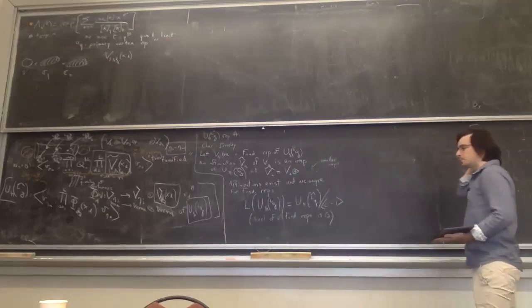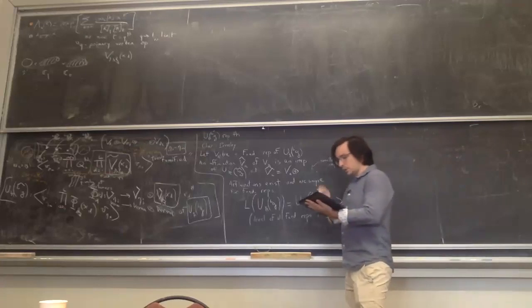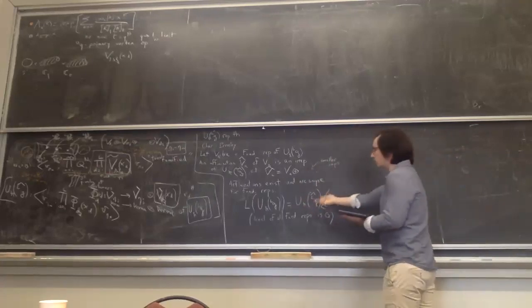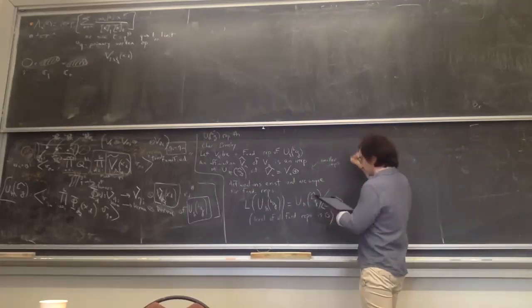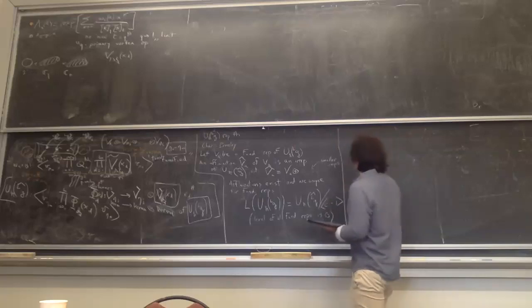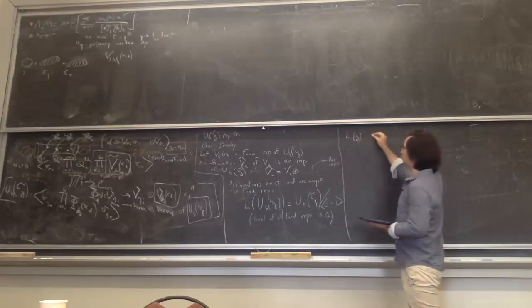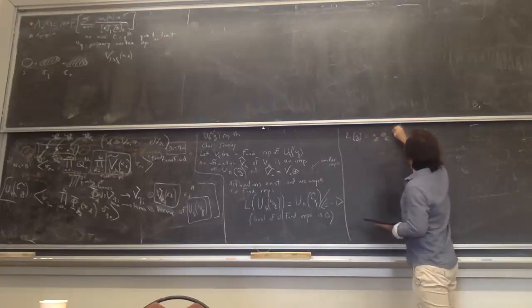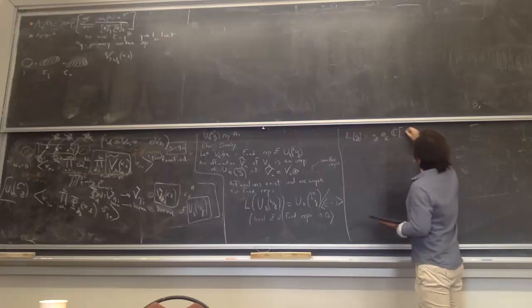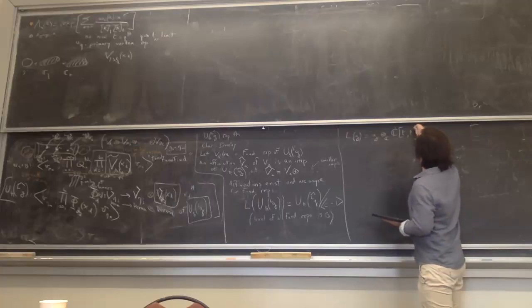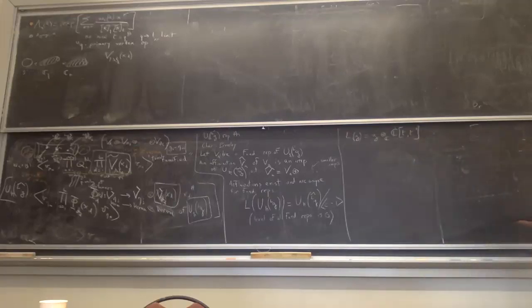Another way to look at it: in usual classical Lie algebra theory, the loop of G is G tensor the Laurent series in T inverse.